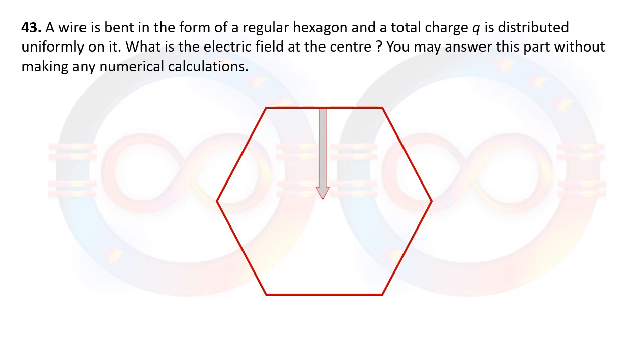But when we talk about the field due to its opposite side, it will be again in the opposite direction, so they will be cancelling each other. Similarly, if we take this side and this side, their fields would be cancelling each other. Similarly for this side and this side, the fields are going to cancel each other, and the net field at the center we are going to have 0 over here in question number 43.